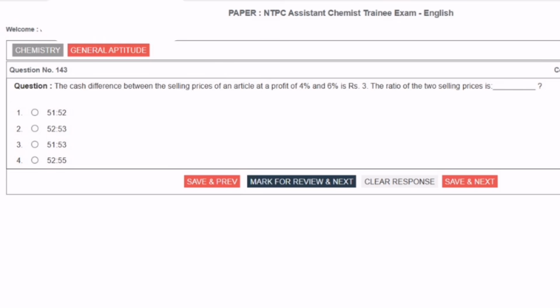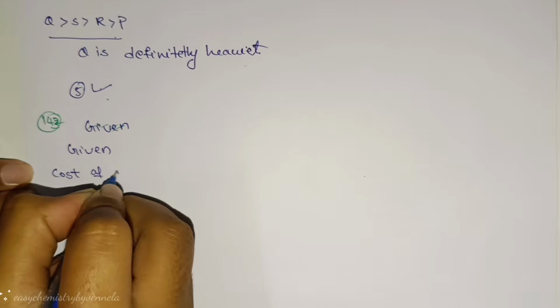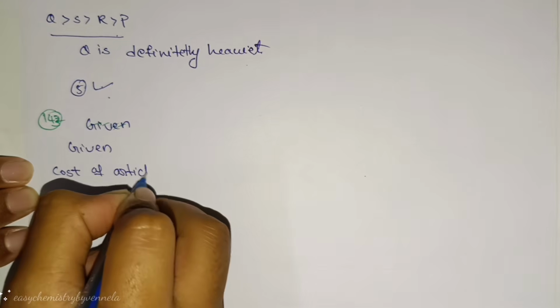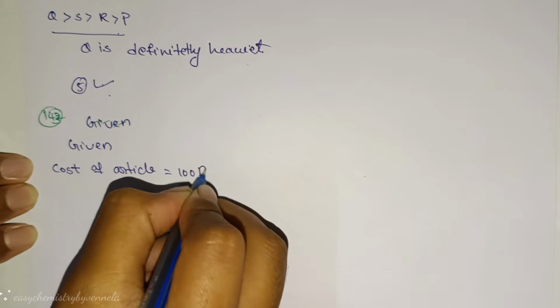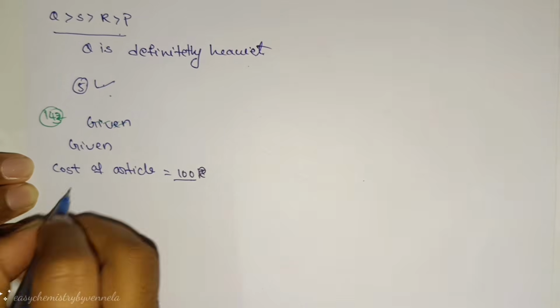Next question. The cash difference between the selling price of an article at a profit of 4% and 6% is 3 rupees. You have to find out the ratio of the two selling prices. Cost of article is equal to 100 rupees.